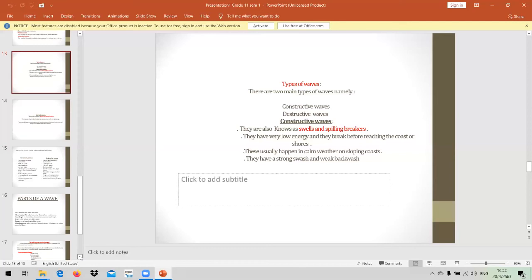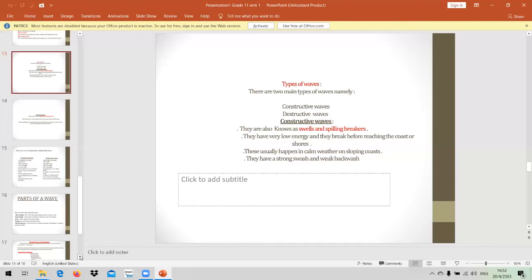They usually happen in calm weather on sloping coasts. It doesn't need the weather to be windy. You sometimes go to the beach and see the water is really calm, with some very small waves. That's what we are referring to as constructive waves.